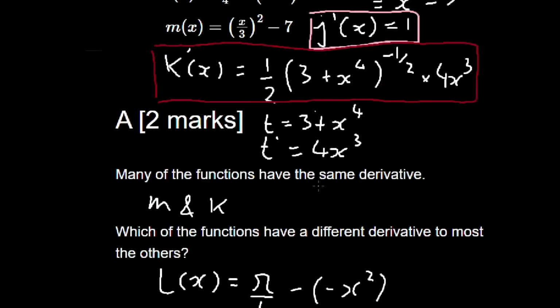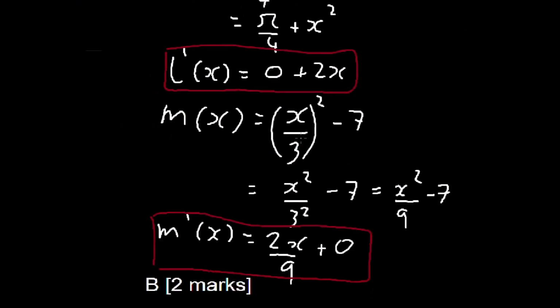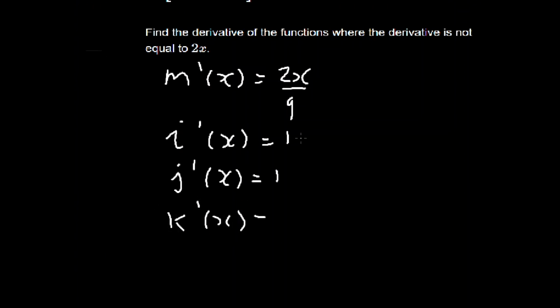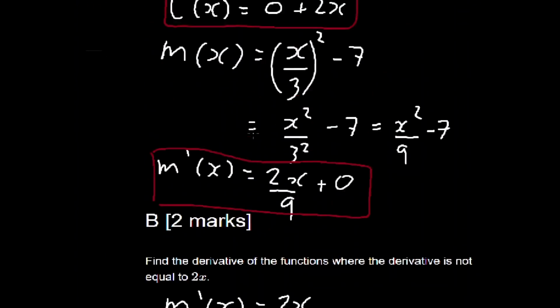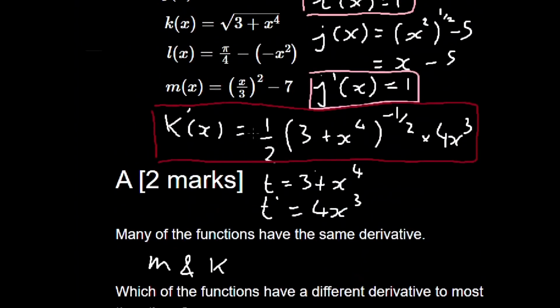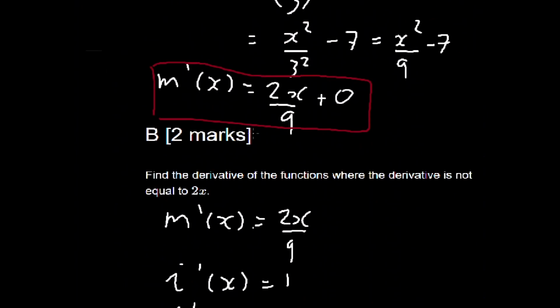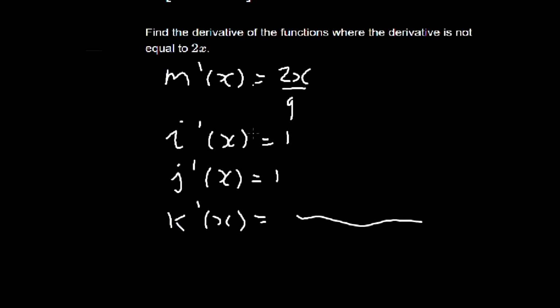And we also have j and i, with i equal to 1, j equal to 1, and k, and you know what that is. You can have a look at the previous one there. And then I don't think we're missing any others there. That's it. So that question is just about simplifying before differentiating as often as possible.